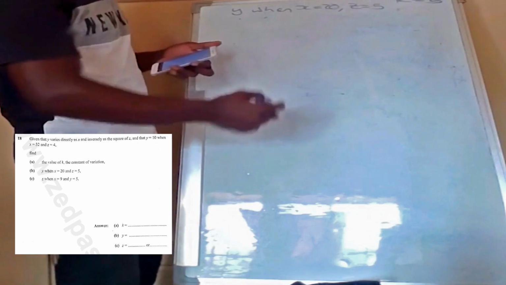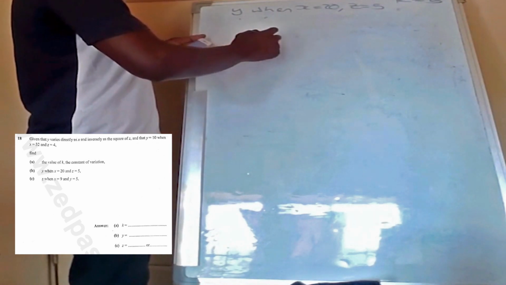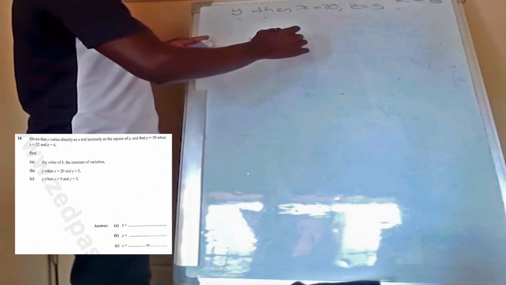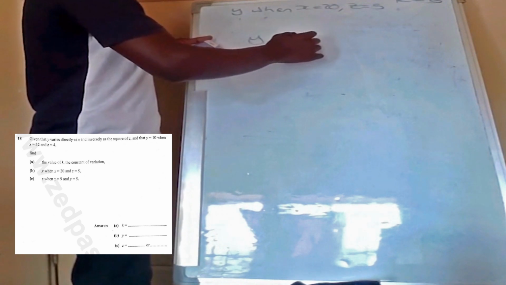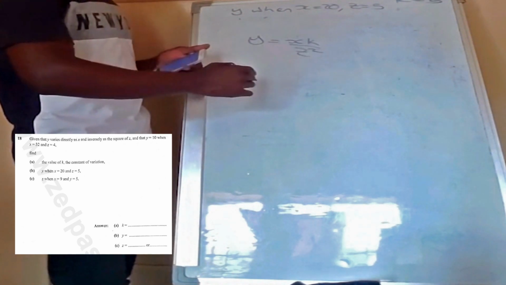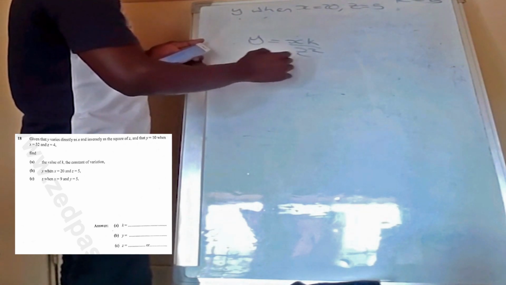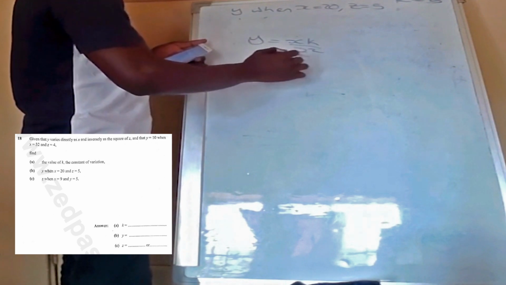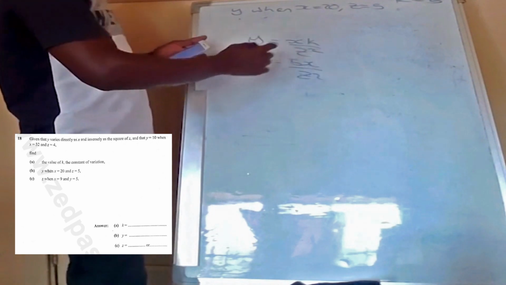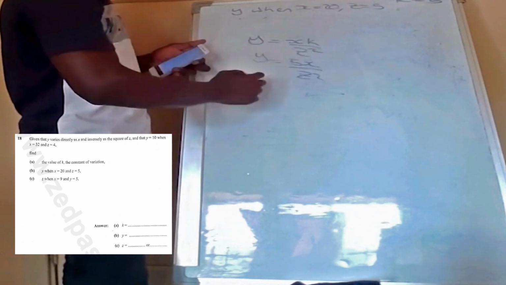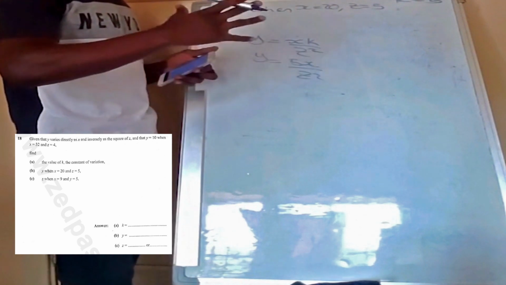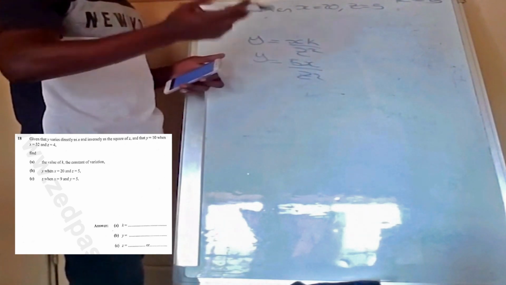So we know that our equation is y is equal to xk over z squared, and we found k to be 5. So we have y equals 5x over z squared. We're asked to find y given those two values, so we just replace them in this variation equation that we have.